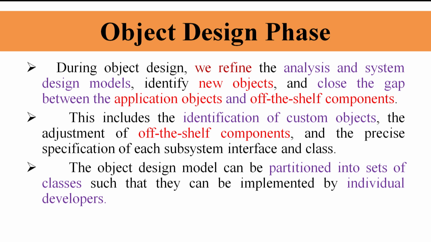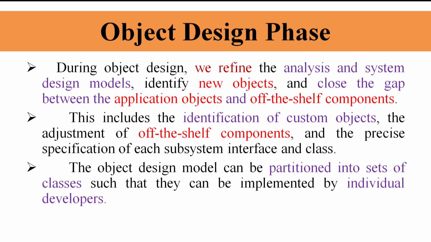This includes the identification of custom objects, the adjustment of the off-the-shelf components, and the precise specification of each subsystem interface and classes. The object design model can be partitioned into a set of classes such that they can be implemented by individual developers.